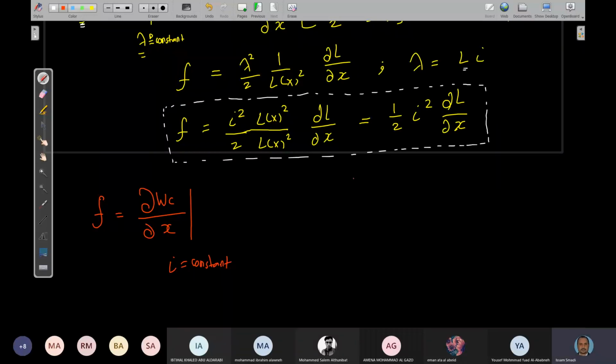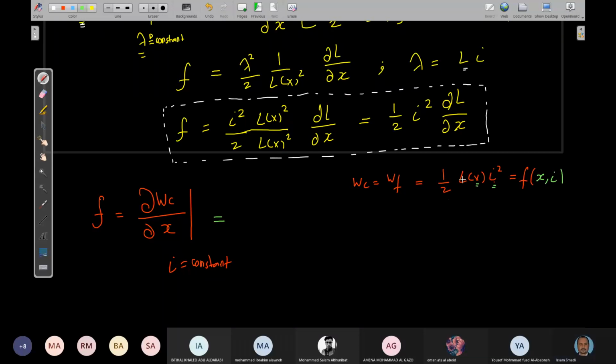And now let's see. Omega c is equal to omega f, which equals 1 over 2 Lx I square. So this means that omega c is a function of what? I and x. So I can evaluate the partial derivative directly, correct?